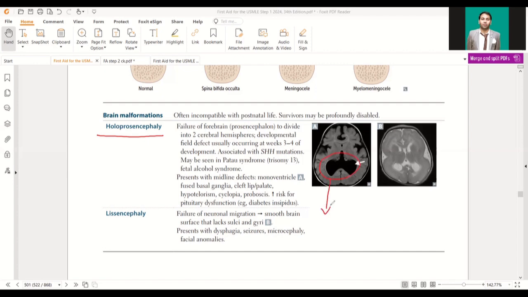Sometimes they give you a picture similar to this one, monoventricle, and they want to know about the high yield association. So what are the high yield associations? Patau syndrome and fetal alcohol syndrome, right?